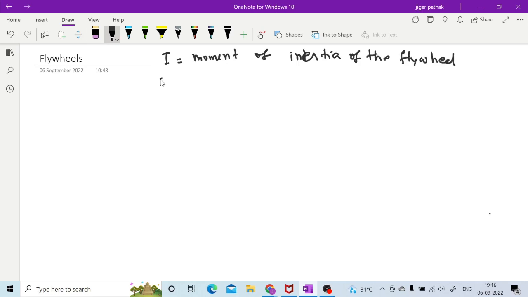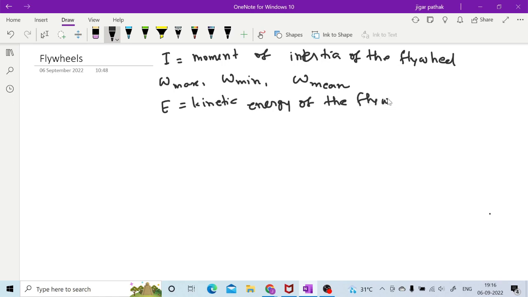Then you can have omega max, omega mean, or average, you can say, right? This is related to flywheel again. Then you can have kinetic energy of the flywheel, right, at mean speed.